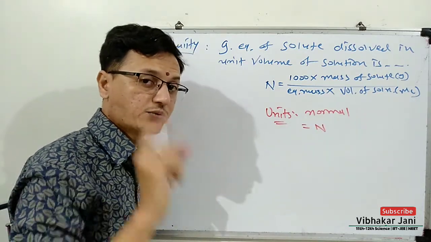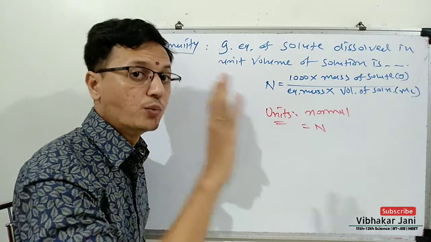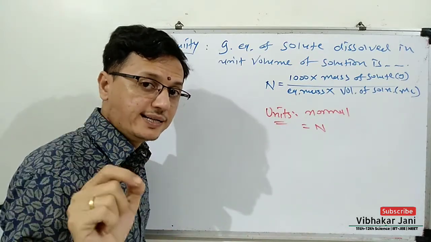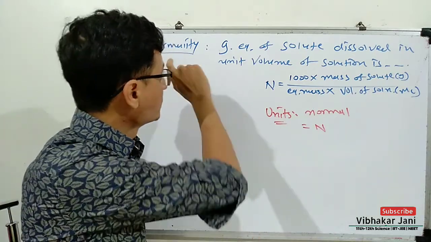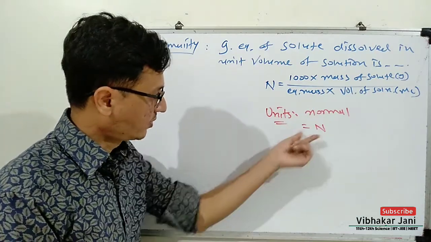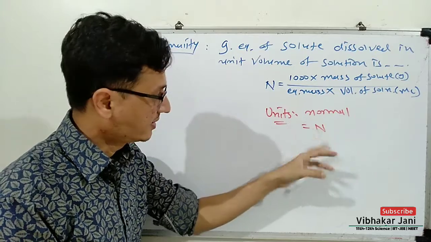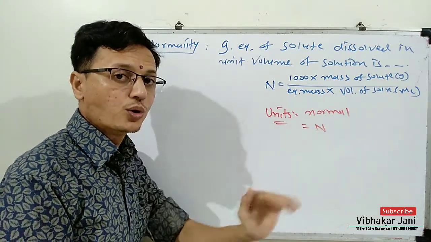For molarity there was capital M, it is called molar. For molality there was small m, that is called molal. While in case of normality the unit is denoted as capital N and it is pronounced as normal.